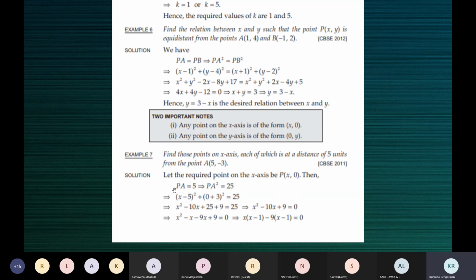So the distance between P and A, PA, is 5. That means PA square is 25. Now how do you write out PA square? Using the formula, (x2 minus x1) the whole square plus (y2 minus y1) the whole square is equal to 25. Solve this equation and find the values of x.